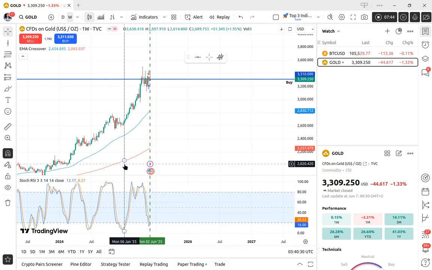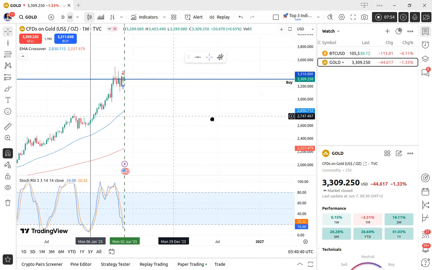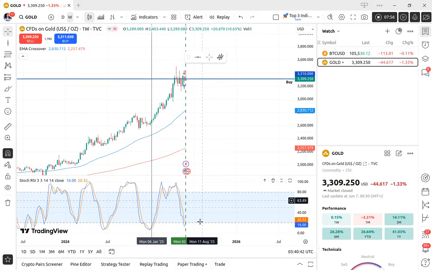This is what happened in the past, in January, beginning of this year, and now we have another buy position in June, which is happening today.